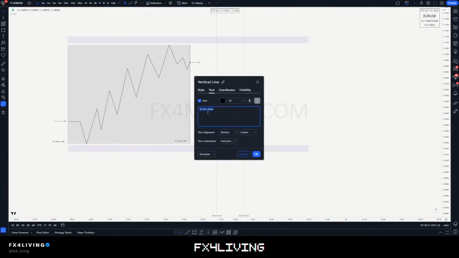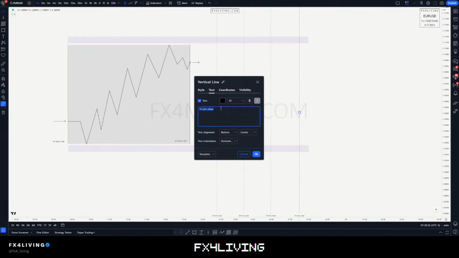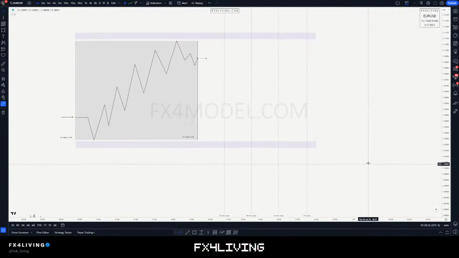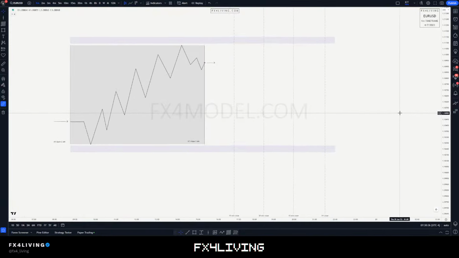I want to get the 15-minute close as well, because I think it's relevant. And I want to see this 15-minute close as well, the 45 of the hour. I want to see the 1 hour close. I want to see this H1 close, right? Right, so this is my framework, basically.